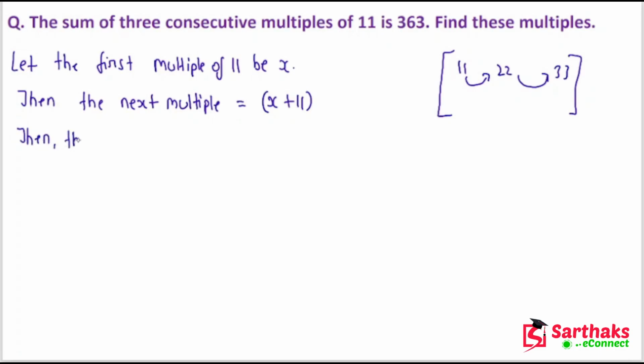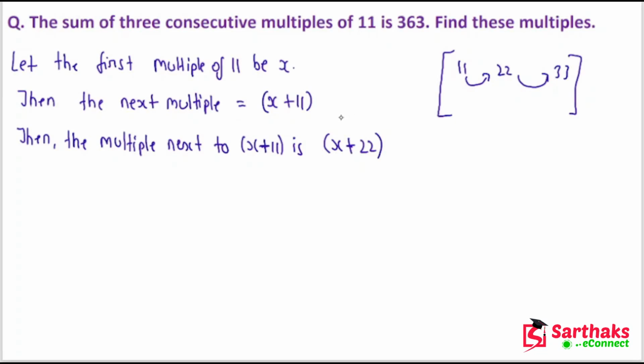The multiple next to x plus 11 is x plus 22. That is, you add 11 to this number. So the 3 multiples are x, x plus 11 and x plus 22. You can clearly see, if 11 is the first multiple, by adding 11 you get 22, and by adding 11 to 22 you get 33. So the multiple next to x plus 11 would be x plus 22. These are the required 3 consecutive multiples of 11.